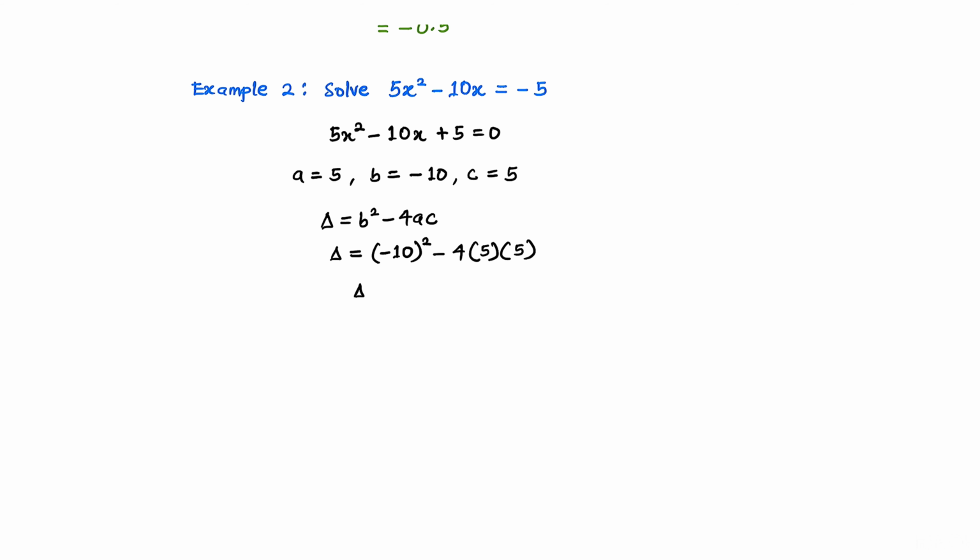So delta equals negative 10 all square is 100 minus 4 times 5, that will give us minus 20. Minus 20 times 5, that will give us minus 100. So delta equals 0.